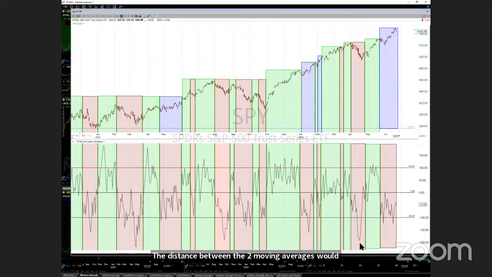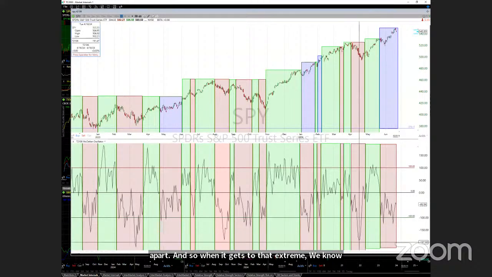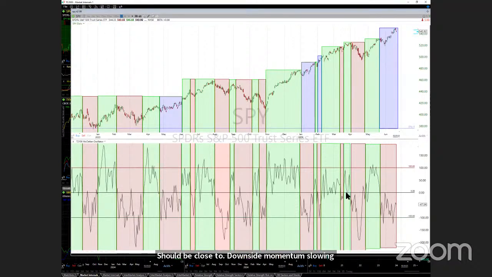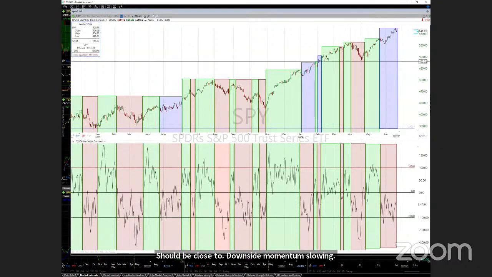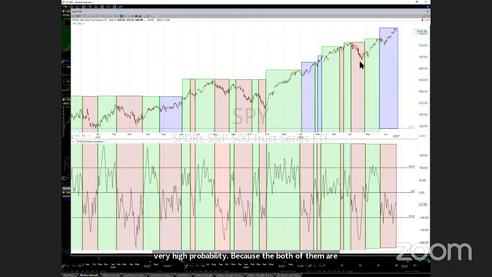When it gets to that extreme, we know statistically, based on historical data, the market should be close to the downside momentum slowing. Now, if sentiment lines up with that, we know there's a very high probability because both of them are aligned.